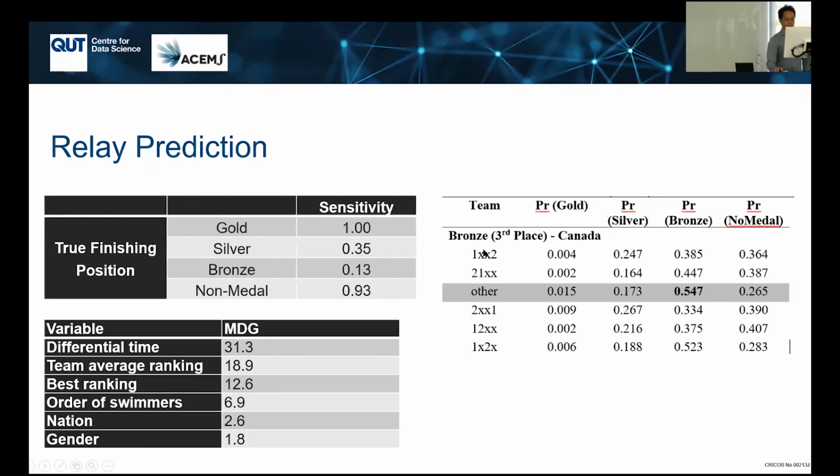Do I put my best swimmers, the first best and the second fastest, at the beginning and end, or at the beginning, a different strategy, or all these other strategies? So the strategy they went with actually was maximize their probability for bronze. And that's what they got. But you can see you could potentially make trade-offs. Okay, can I try to increase my chance for a silver, but also that increases my chance that I get no medal too. So it's kind of this decision support system.